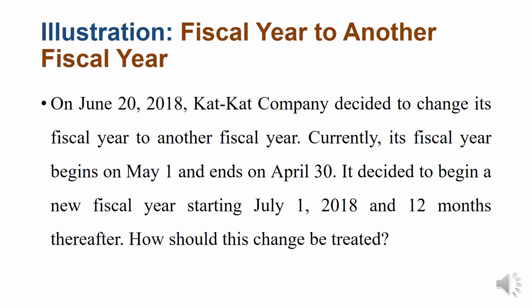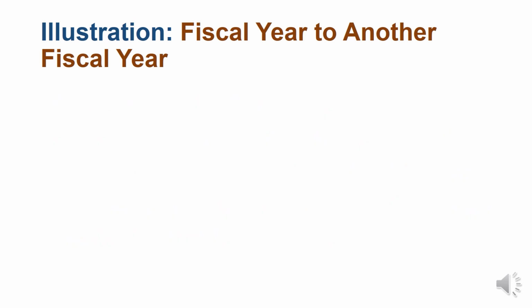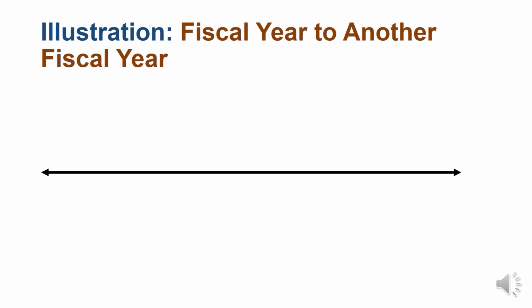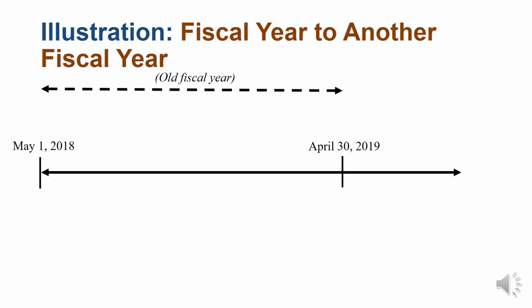Okay, so fiscal year to another fiscal year. So let's illustrate the timeline. This is a timeline. Again, the old fiscal year begins on May 1, 2018 and ends on April 30, 2019. This is the old fiscal year.